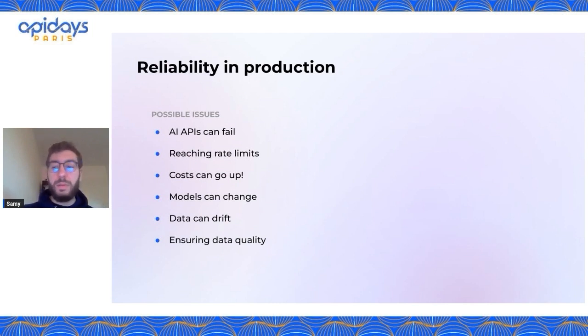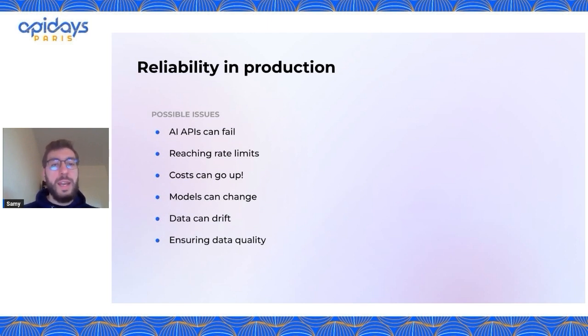Now that we've been talking about AI APIs other than large language models, which work the same way, still a REST API that you can call, putting them in production still introduces some issues in the long run.